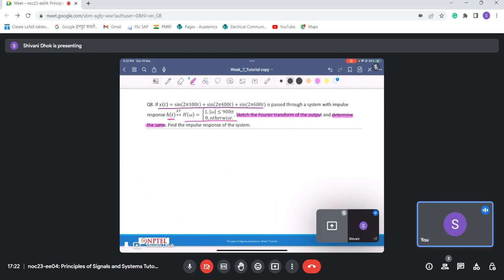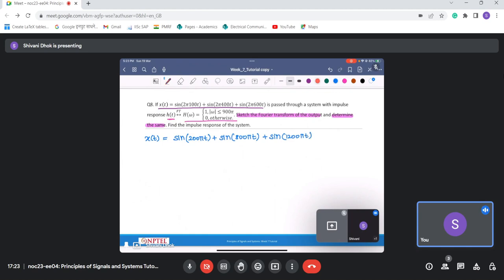Okay, so let us start with this. First let us look at this x(t). This x(t) is simply sin of, I can write this as 2 into 100, that is 200πt, plus sin of 800πt, plus sin of 1200πt.